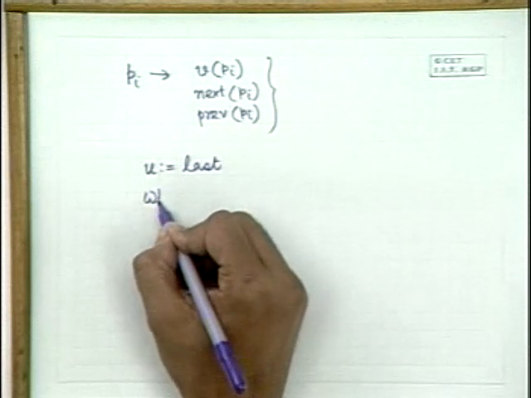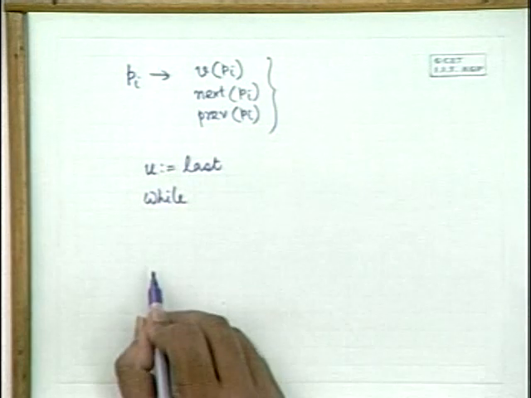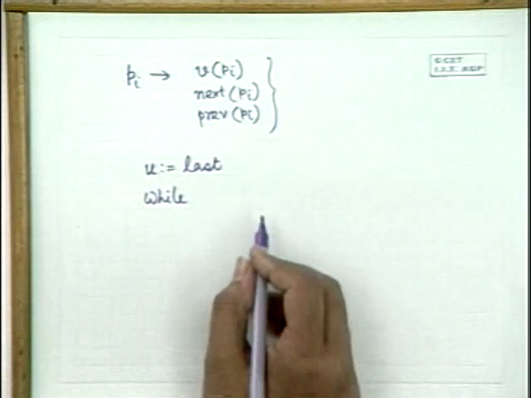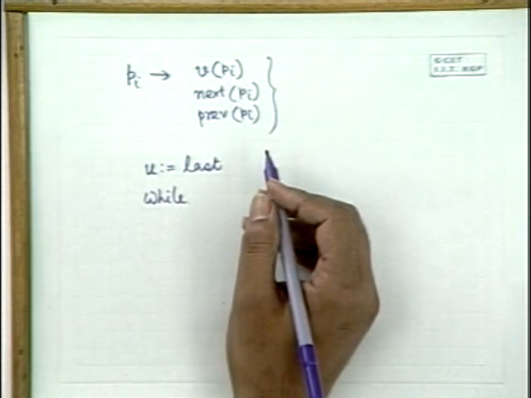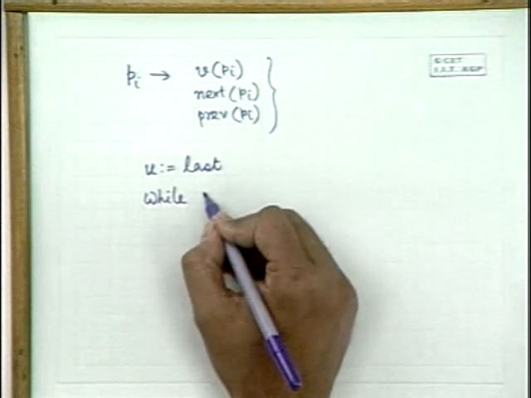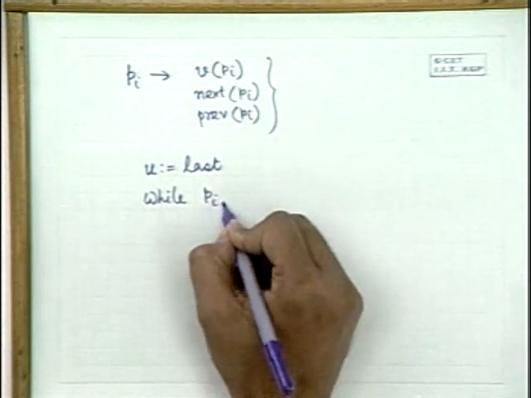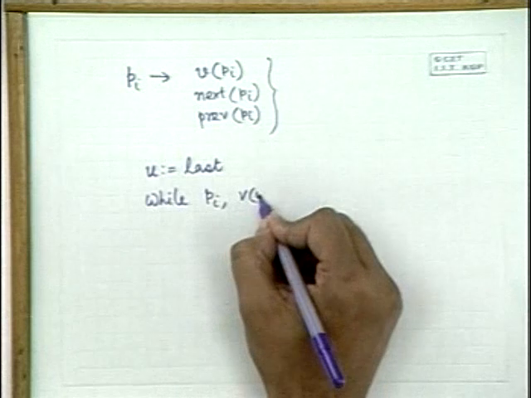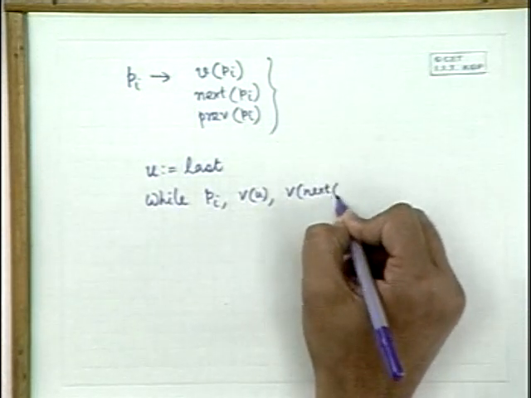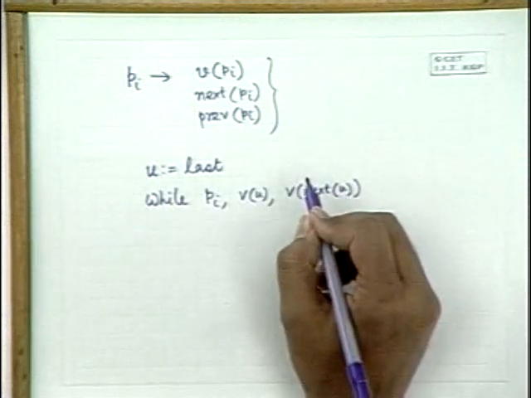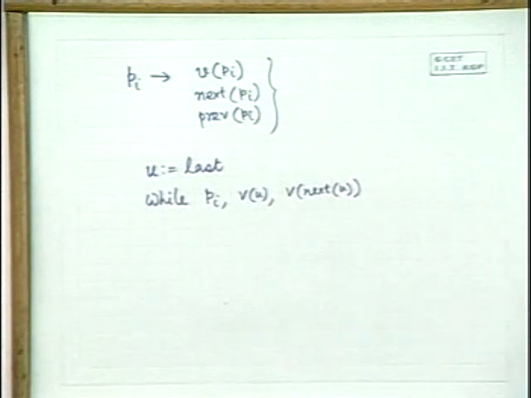Now, while, that walking is nothing but a while loop. You go on walking up until you hit this left and right arm exchange. So while pi, v of u and v of next u.